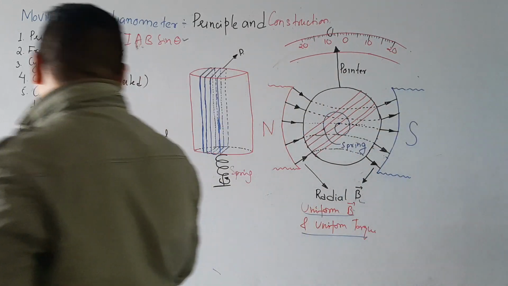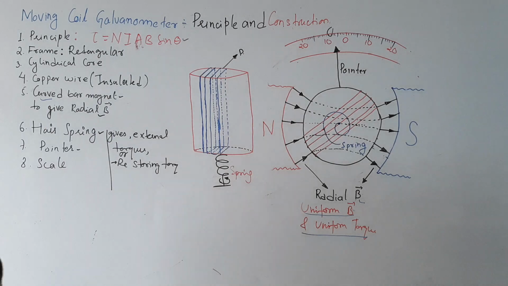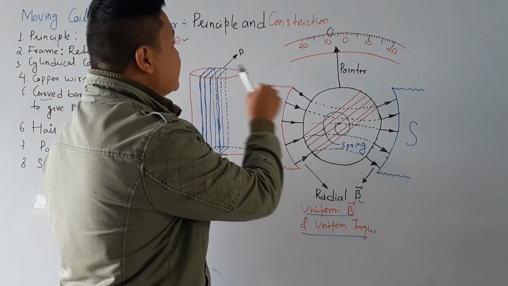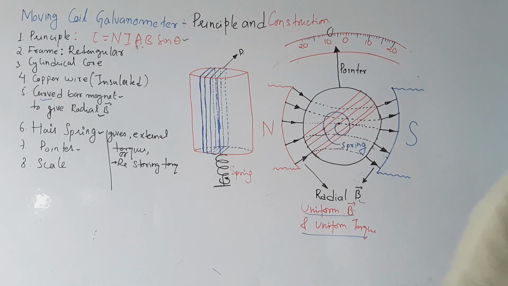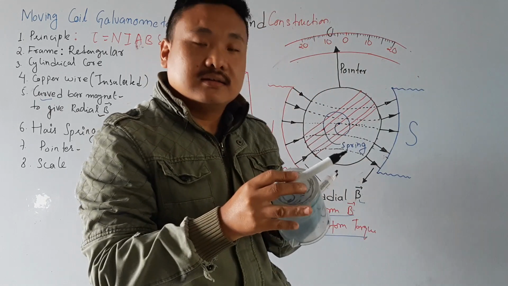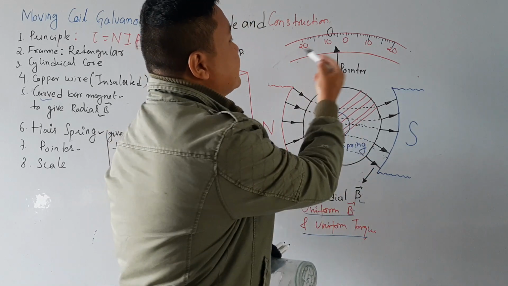Restoring torque. Now there is a pointer. The pointer is connected on the surface of the cylinder, which will give the reading on the scale.